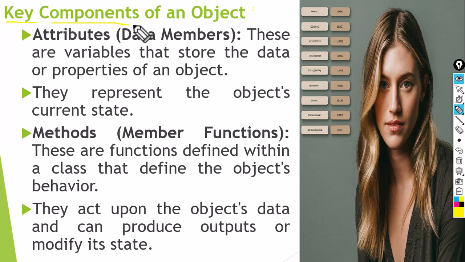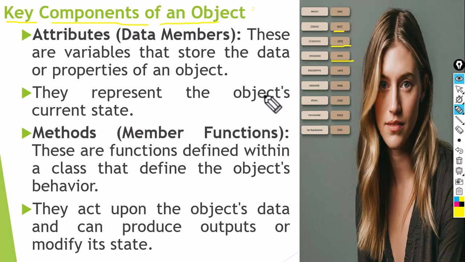We're discussing the key components of an object here. Think of attributes as an object's characteristics, like a person's name, age, or height, and so on.